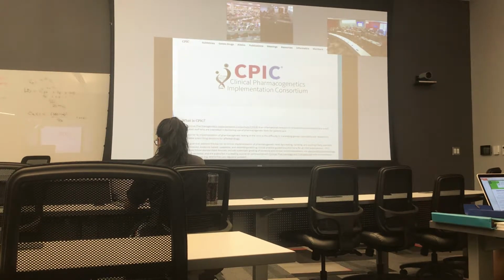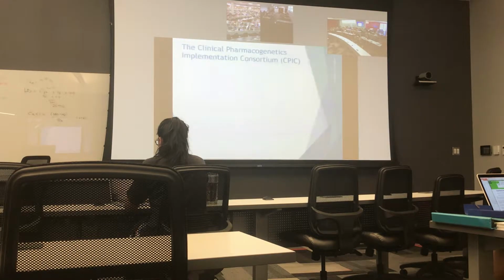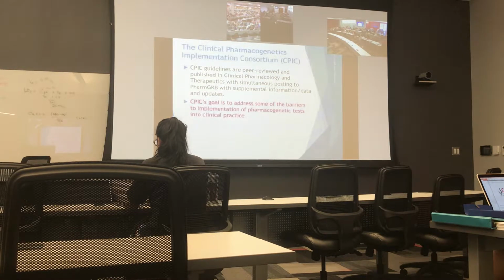So for CPIC, this is the Clinical Pharmacogenetics Implementation Consortium. Here the guidelines are peer-reviewed and they are published in Clinical Pharmacology and Therapeutics with simultaneous posting to PharmGKB. CPIC's goal is to address some of the barriers to implementation of pharmacogenetic tests into clinical practice.